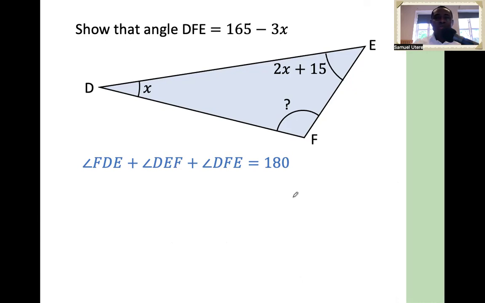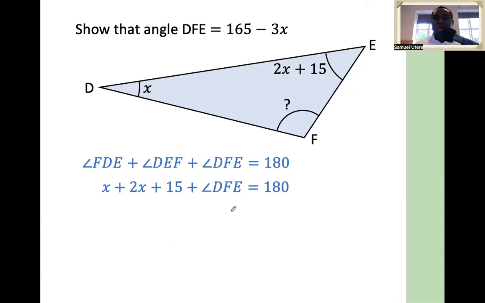So angle FDE, this angle here, x, angle DEF, this angle here, 2x add 15, add angle DFE will be 180 degrees. If we begin to substitute the terms in the equation, it would be x add 2x add 15, and then this here that we're looking for.